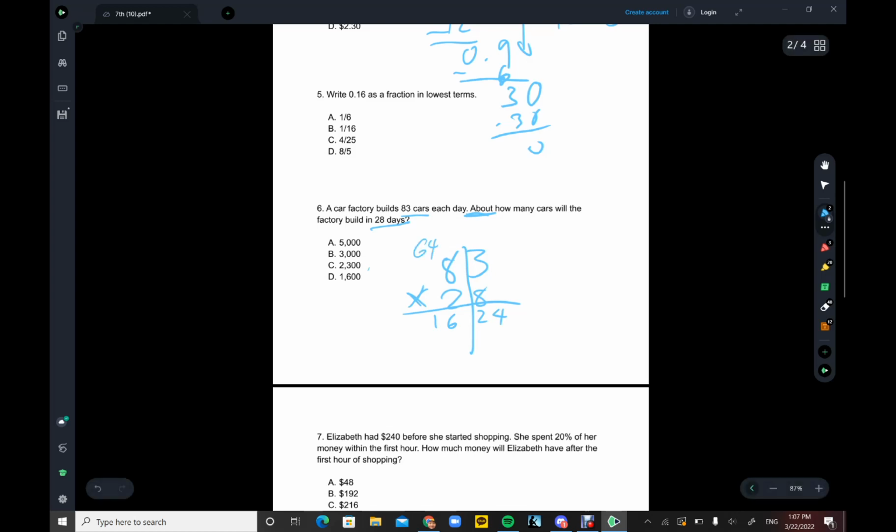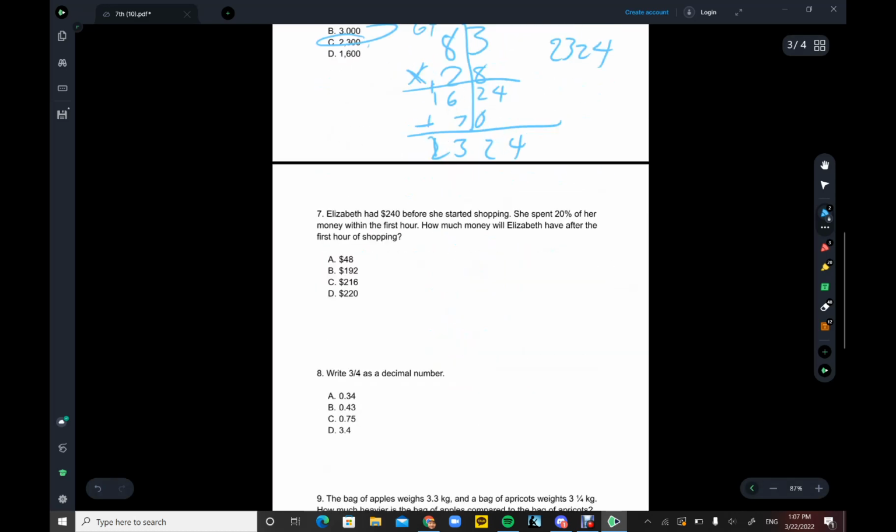And 3 times 2 is 6. 64 plus 6 is 70. And if you add all of this together, you get 4, 2, 6 plus 7 is 13. So you put the 1 up, and then you get 2324 cars. But again, it says about how many, so you would round it to whichever answer is the nearest, and in this case, it is C.